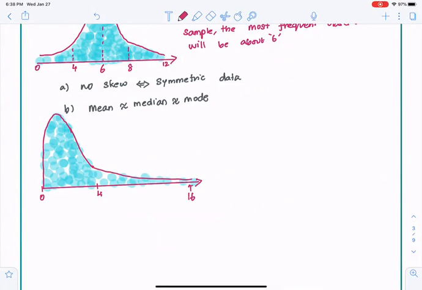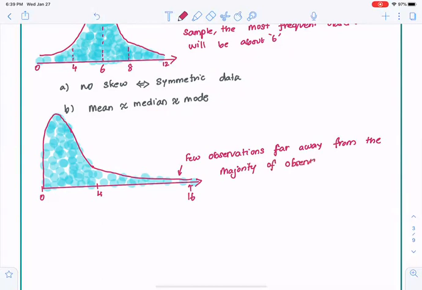that curve is coming from a histogram. So by looking at it, we can see that majority of them are between 0 and 4, and the few observations on the right-hand side, so there are a few observations which are far away from the majority of the observations.